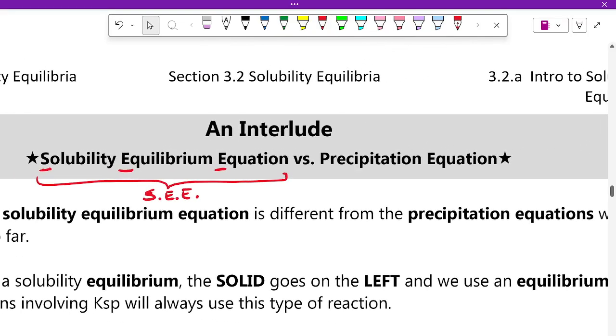Now, precipitation equation. Can you guess what a precipitation equation is? That's your precipitate, that's the PPT. That's what you were doing when you wrote the complete ionic and net ionic equations back in section 3.1.